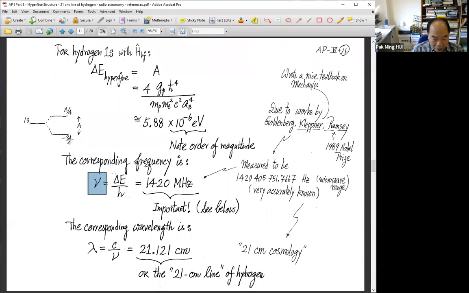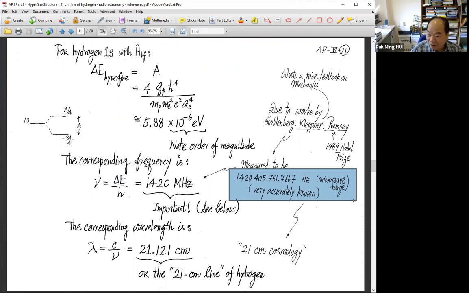You calculate it out, delta E divided by the Planck constant. It is the famous 1420 megahertz. Now, this is one of the numbers most accurately measured in physics. This is the latest number, I think, okay?